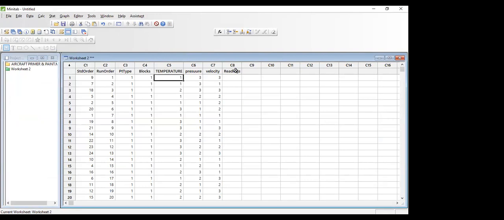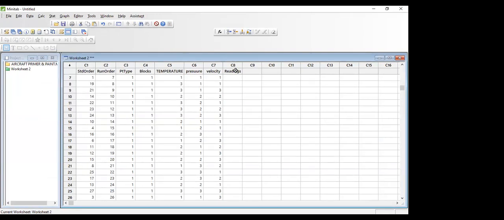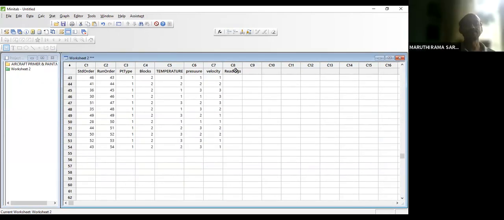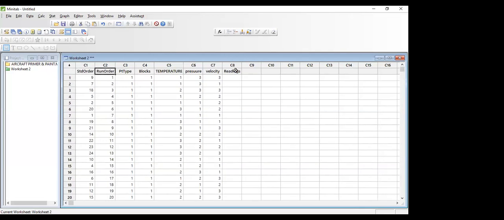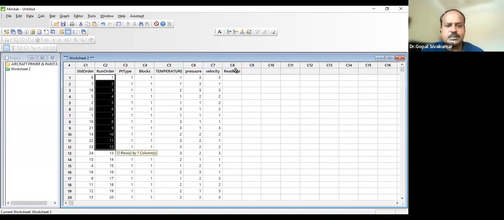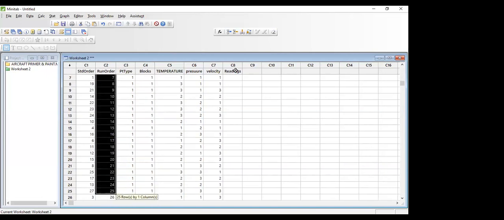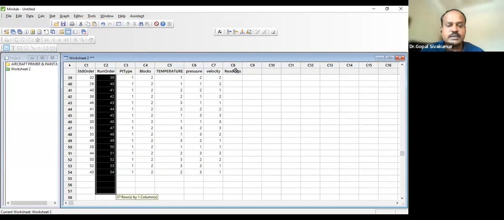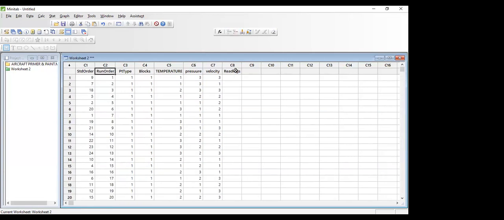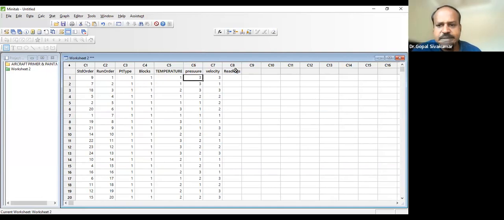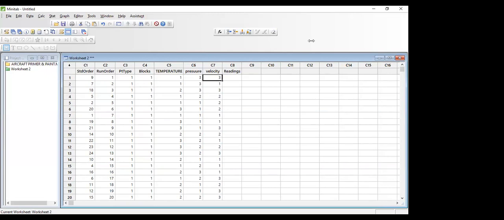See here, totally how many experiments? 54 experiments in this order. Can you see that this is called random order? Random order means the first experiment has temperature at level 1, pressure at level 3, velocity at level 3, because you have given 3 levels for each factor.